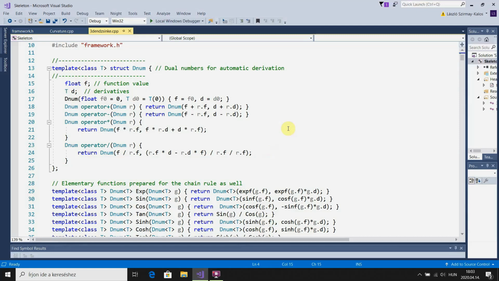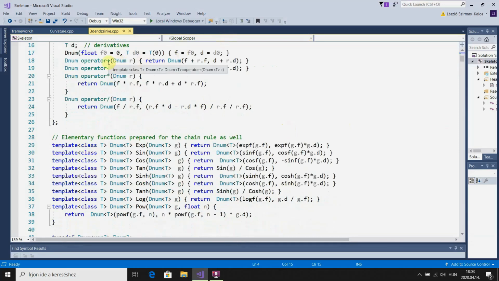In this way, we can guarantee that the arithmetic rules of dual numbers are identical to the arithmetic rules of derivatives. So if we replace a formula or a program using floats, for example, by data types of this dual number, then the result is not only available for the formula, but also for the derivatives.